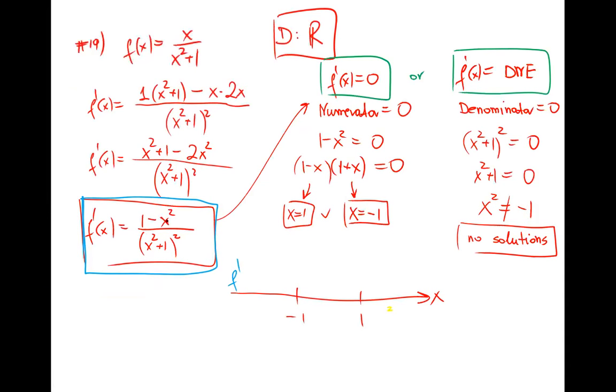Okay, if we put 2 instead of x, we have 2 squared, 4, 1 minus 4 is negative. And also, I don't have to be worried about the denominator because it's squared. It's simply positive. That means this will give me a negative number, this will give me positive, this will give me negative. But we know that I am testing this. If I put 0, I have 1 minus 0, positive. If I put -2, I will have the same situation as +2.